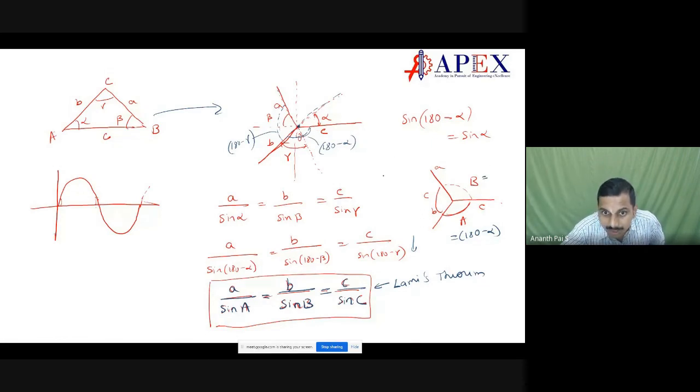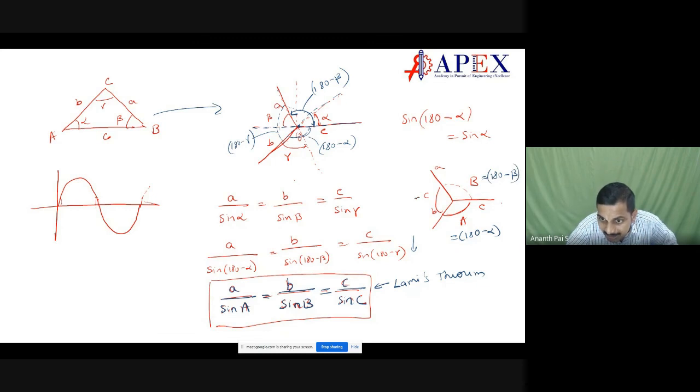Similarly, b is here, and the opposite to that comes over here. This angle is 180 minus beta, makes sense? Okay, so b is equal to 180 minus beta.